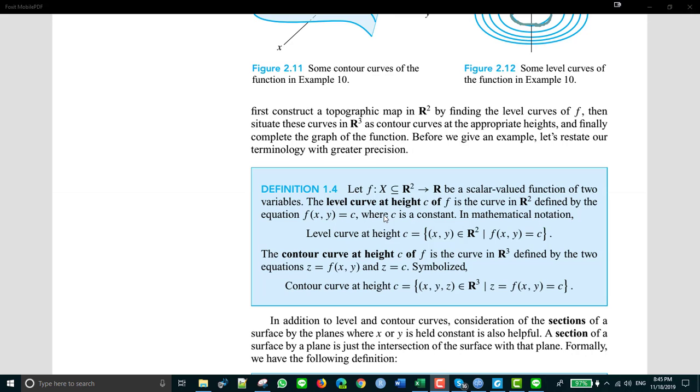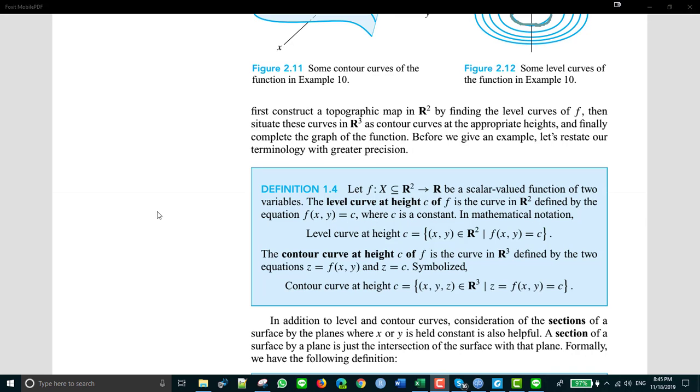The level curve at height c of f is the curve in R2 defined by the equation f of x, y equals c.